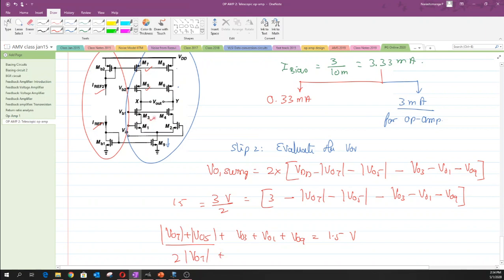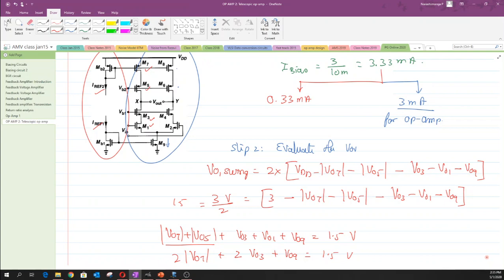Similarly, since M3 as well as M1 carries the same current, one could combine both these values to be twice the value of VOV 3, plus there is a VOV that has to be assigned for M9. Now we know that the sum of these values is supposed to be equal to 1.5. All the VOVs have to be summed up to a value of 1.5. Now what value to be assigned for each of these unknowns?